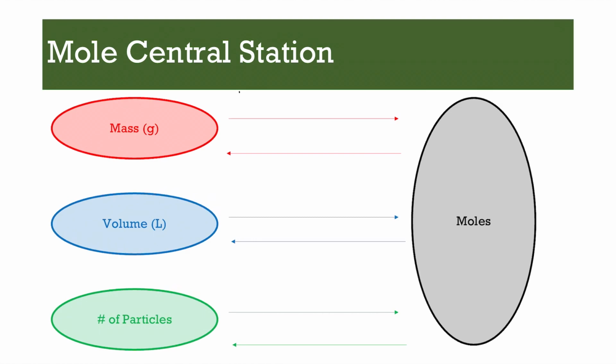So if we're given mass, we are going to put 1 mole over the molar mass and divide by the molar mass.